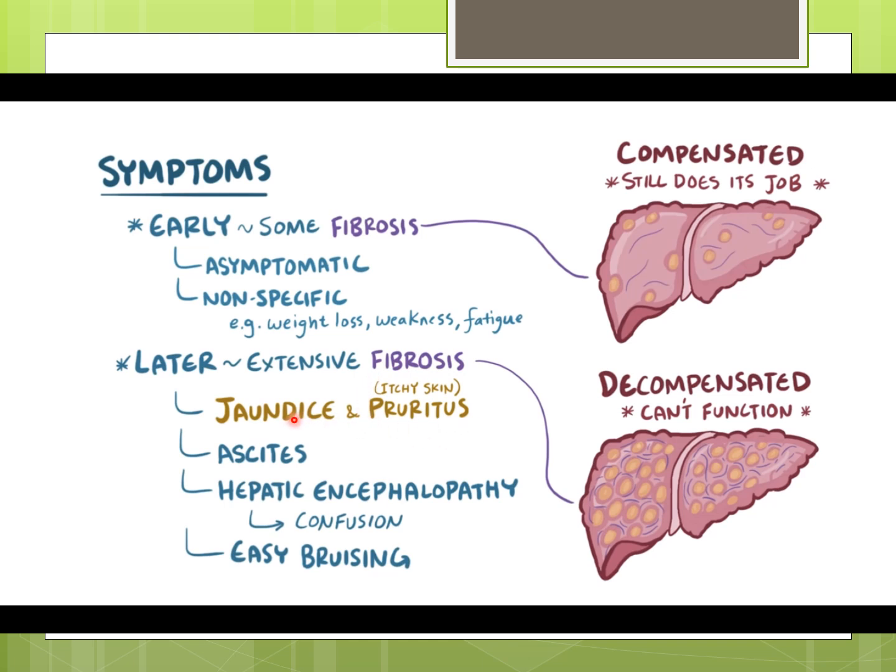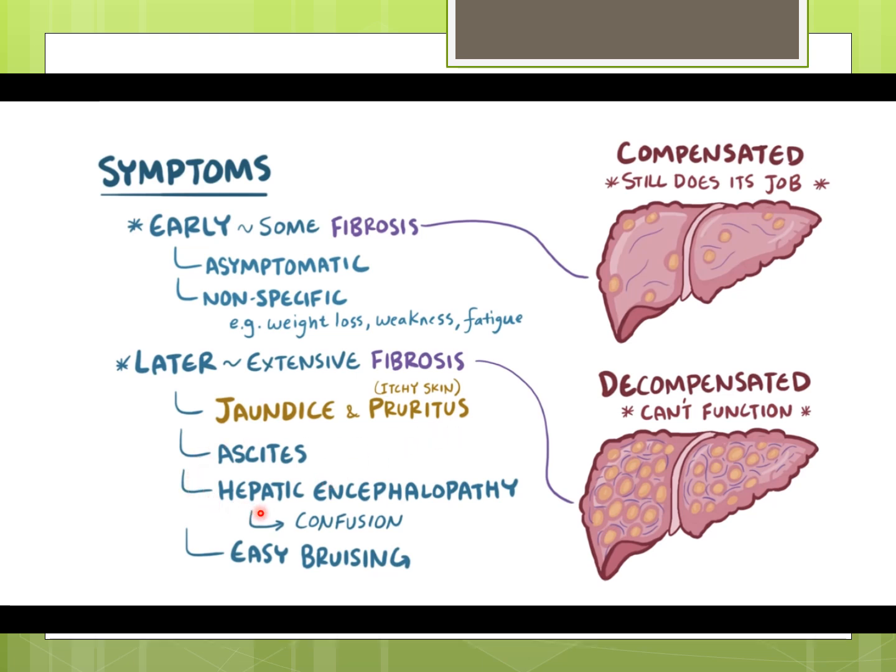Normally the bile salts and bilirubin should go through the bile into the duodenum and then go out, but they do not go out and remain in circulation. The bile salts cause pruritus, itching. Then ascites will occur because the liver is not producing enough albumin, and portal hypertension itself will cause ascites. Ascites means fluid in the peritoneal cavity.